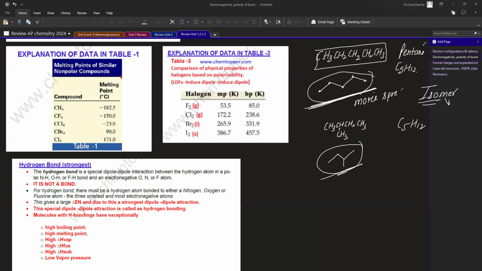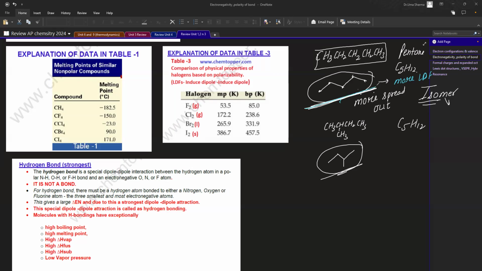And these are non-polar molecules. Please write down somewhere, it's written in my notes also: all hydrocarbons are non-polar. But this one is more spread out. More spread out, more surface area means more LDF. More LDF means higher boiling point.